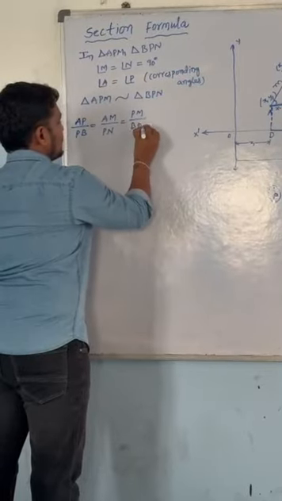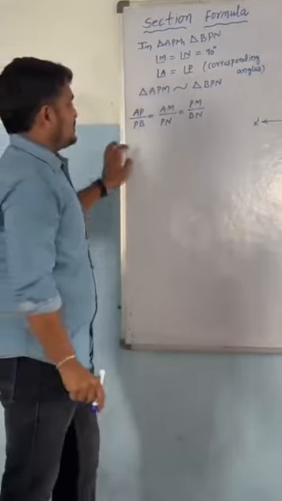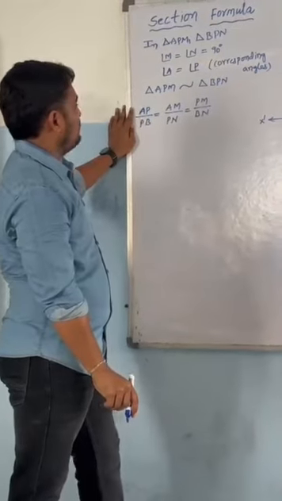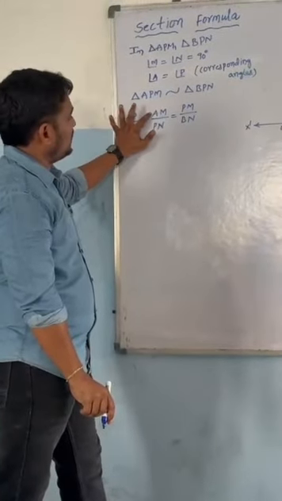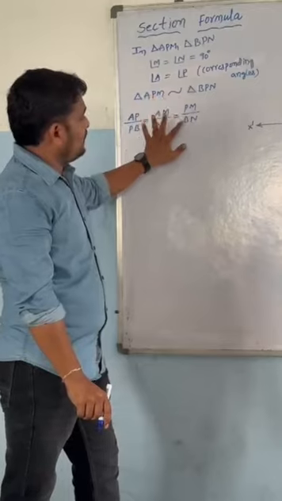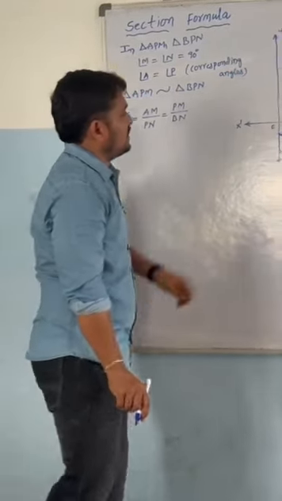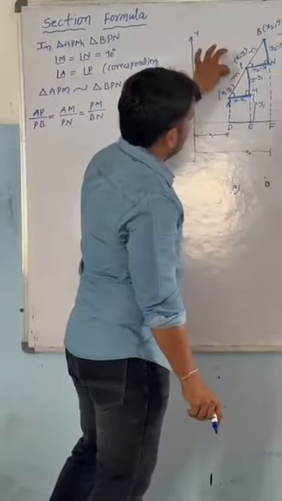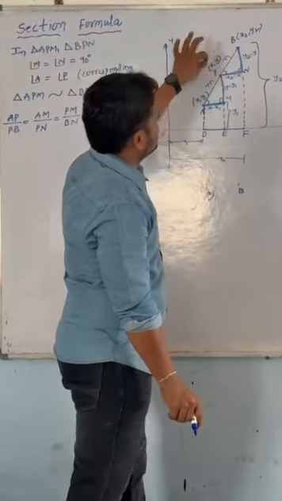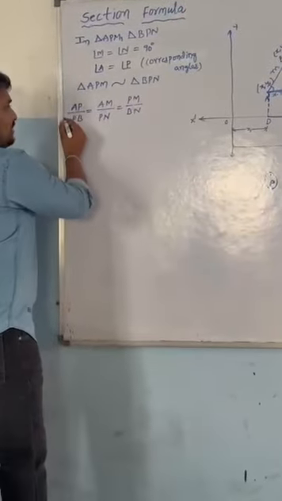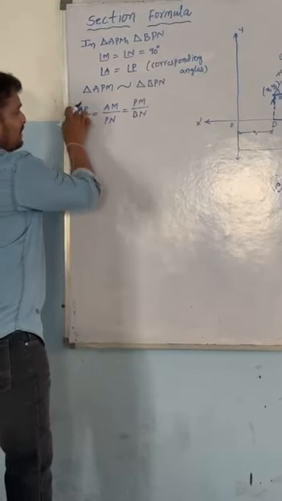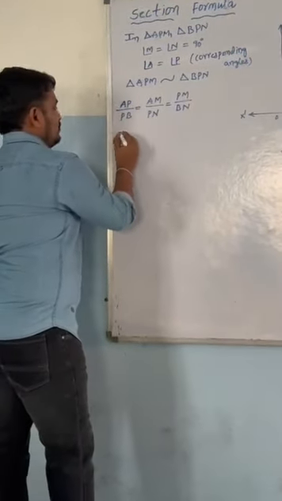So these are the corresponding sides ratio. Now we can find the values of AP, PB, AM, PN, PM and BN. From the diagram you can see the length of AP is m and the length of PB is n. So we know the values of AP and PB. AP is m, PB is n. Now we can go with A.